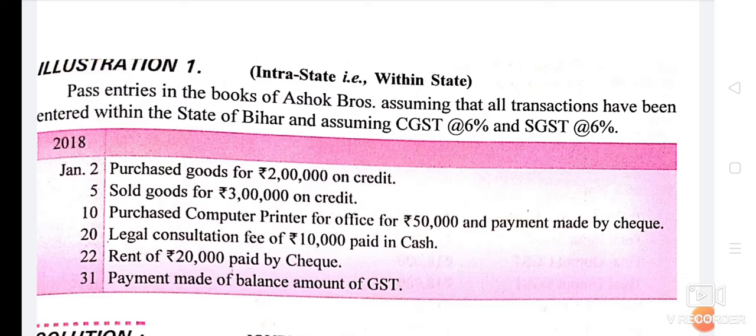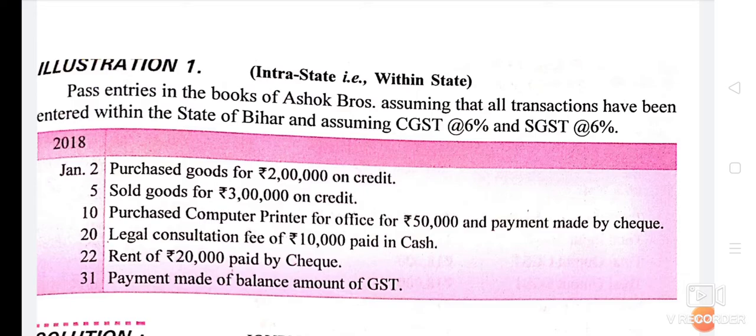See the problem. January 2nd, purchase goods for rupees 2 lakhs on credit. 5th Jan, sold goods for rupees 3 lakhs on credit. 10th, purchase computer printer for office for rupees 50,000 and payment made by check. This is the example of purchase of asset. Then on 20th January, legal consultation fees of rupees 10,000 paid in cash.